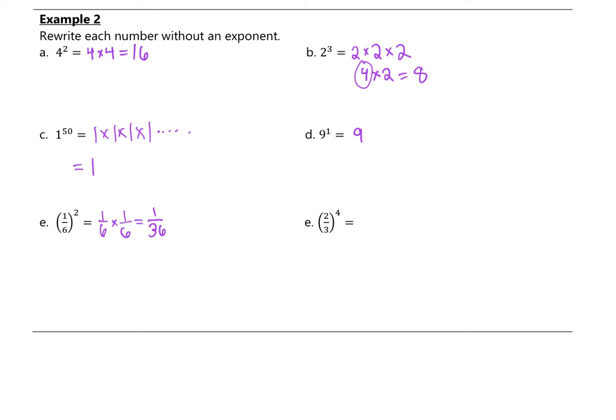So on E, this is the one we'll have to write down the most of. So 2/3 times 2/3 times 2/3 times 2/3. So we've got it 4 times. And so then we need to do the tops, 2 times 2 times 2 times 2, and the bottoms, 3 times 3 times 3 times 3. And then we'll get our answer.